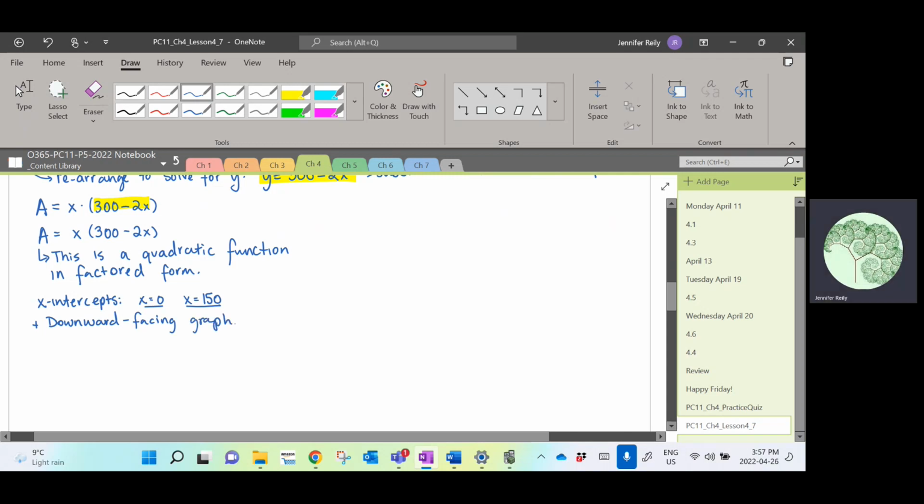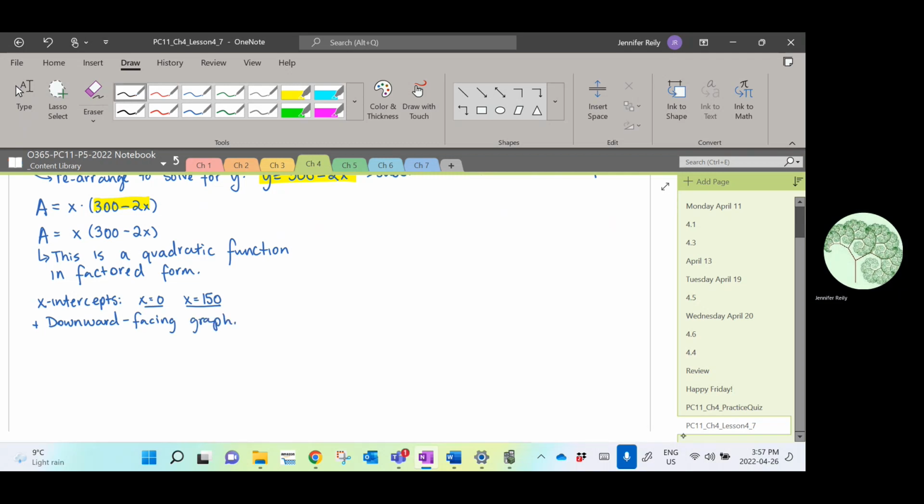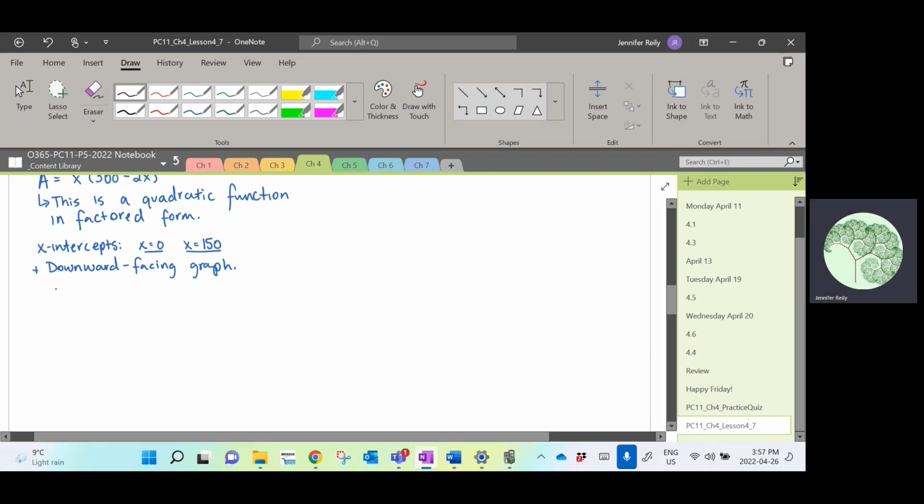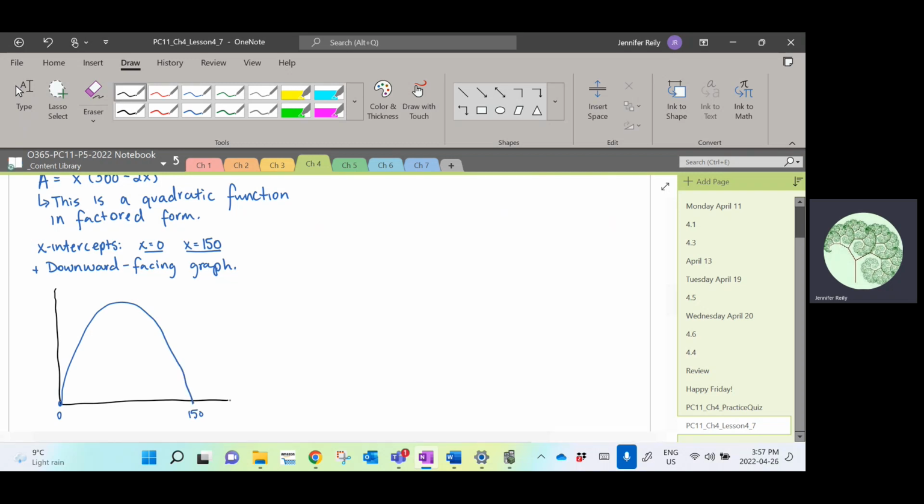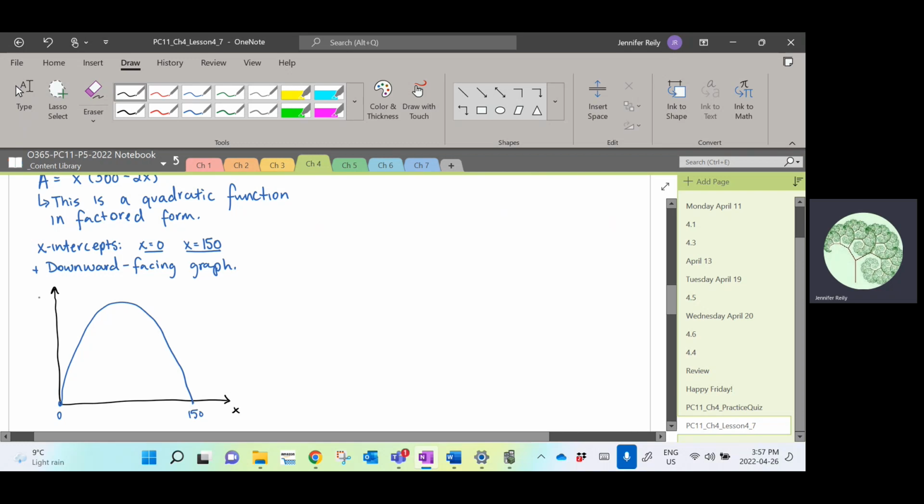We'll just draw a little sketch of our graph here for the area of our function. So we would have an x-intercept at 0 and an x-intercept at 150, and it would be a downward facing graph. So this would be x, this would be area.